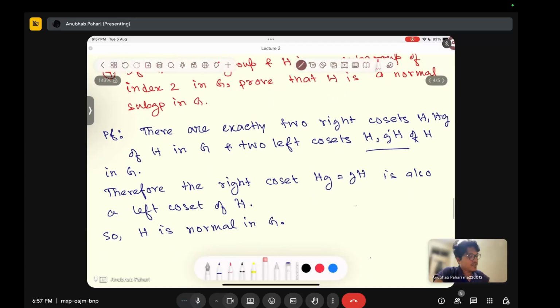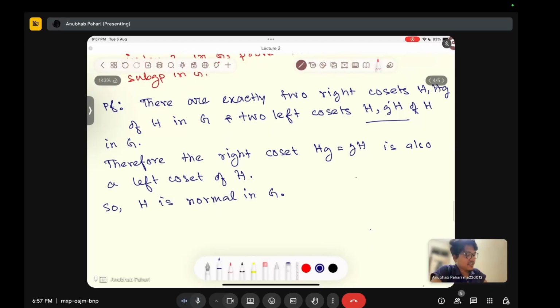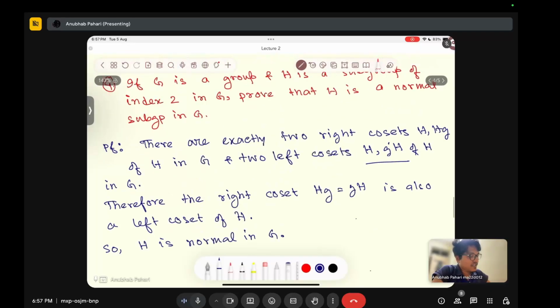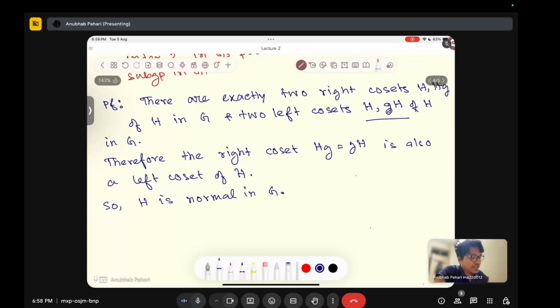First, if it is clear that there are only two left cosets and two right cosets, then you know that the left cosets and right cosets are either disjoint or the same, right? So G equals, here you have Hg, and here you have gH.